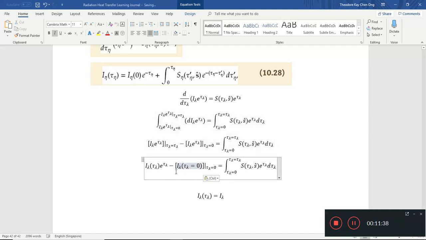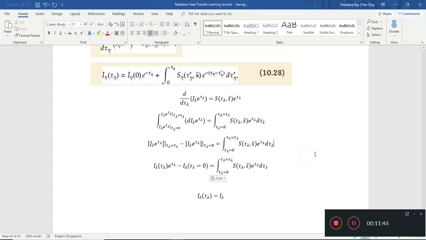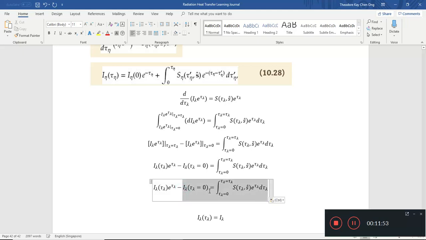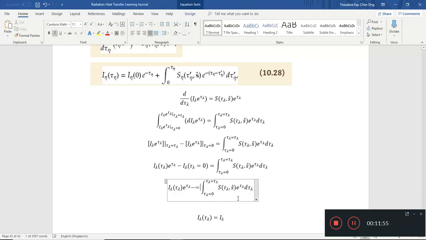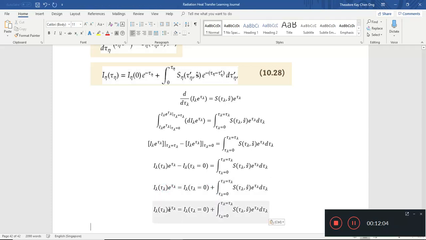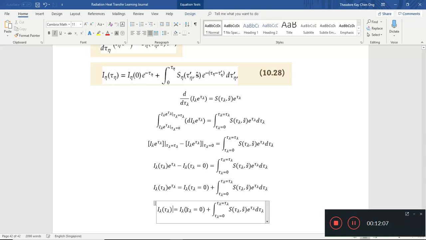Control Shift V. Okay, so once we do that, we can shift this over and divide both sides by e to the tau lambda. Dividing both sides, we will just get this. We have an e to the negative tau lambda on the right hand side.